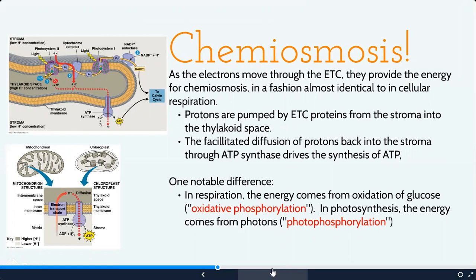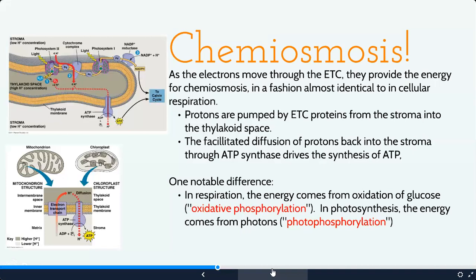So a concentration gradient is built up in this thylakoid space, and they will then diffuse through chemiosmosis through ATP synthase, and this ATP synthase works the same way as it does in the mitochondria. The ATP synthase turns as the hydrogen ions flow through it, and that turning provides the energy to make a bond between ADP and an inorganic phosphorus. Okay.